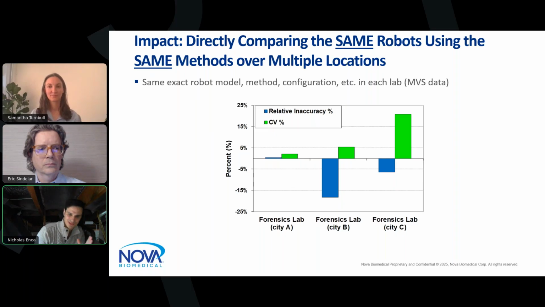They had three separate liquid handlers across the sites. They optimized in city A and tried to use the same optimization settings in city B and city C, and they noticed it wasn't performing to the same specification for relative inaccuracy and precision. So we also have to optimize from site to site because of environmental factors with air displacement pipetting. That is super important when we look at liquid class optimization.